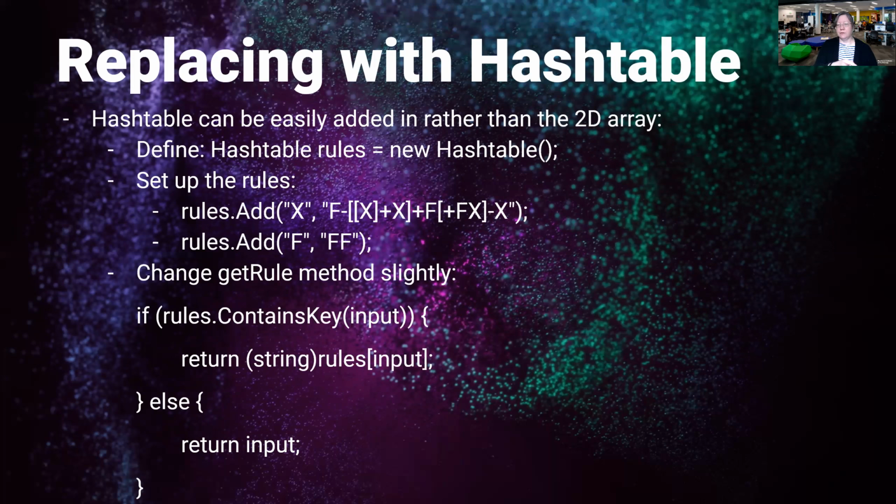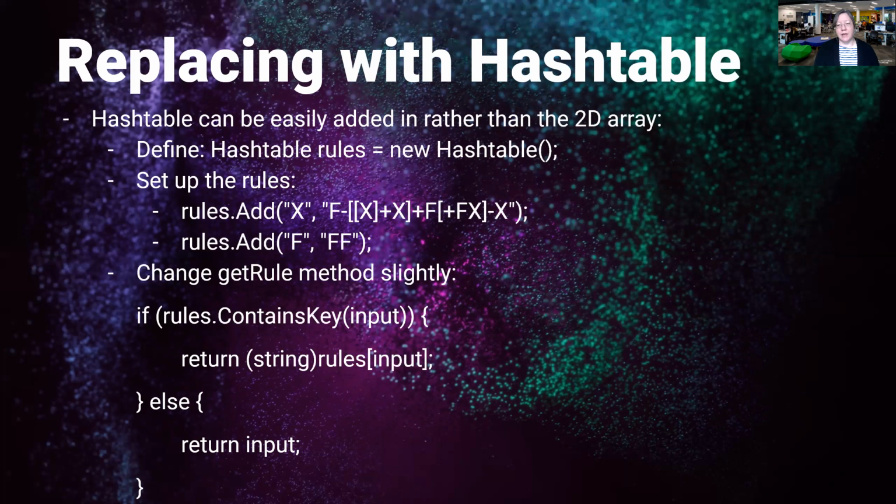This is also the first thing that most students fix when they're given the code: they say, oh, X goes to this, F goes to this. So you can change the get rule method slightly and add a hash table, or a dictionary if you prefer dictionaries, because they're really kind of the same thing.